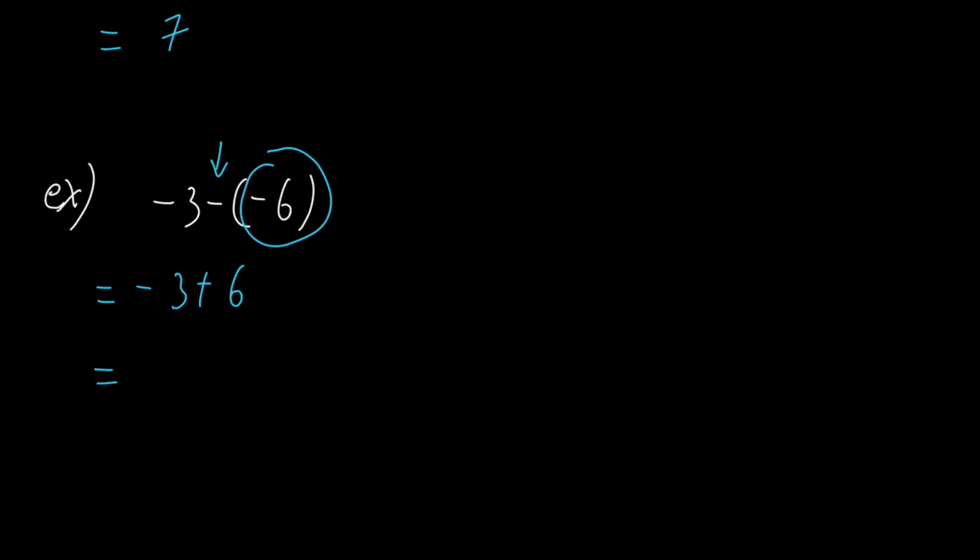So this time we have addition with different signs, and we don't care about the signs right here. 6 is greater than 3, so we use the absolute value of 6 minus the absolute value of negative 3. Then 6 minus 3 is 3. Then go back to check the sign. We put the 6 first, and the 6 is positive, so we just keep the same sign for the final result.